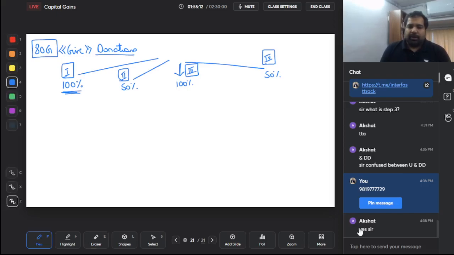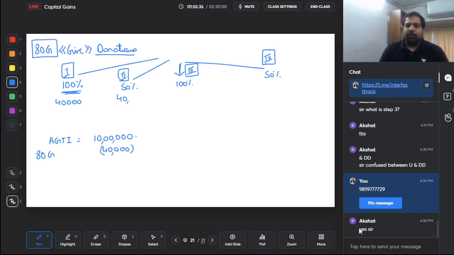Now let's put numbers, guys, here. This is 40,000 and your available GTI is 10 lakhs. So can I take a deduction under 80G? Yes. How much deduction can I take? 40,000. Yes, entire 40,000.